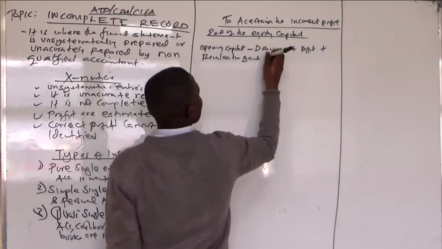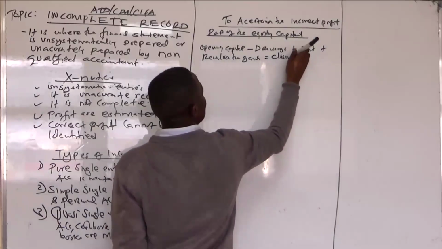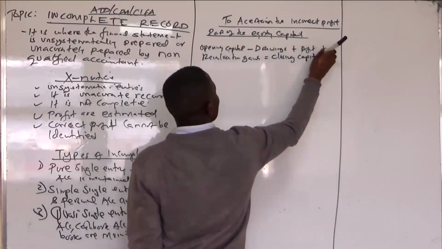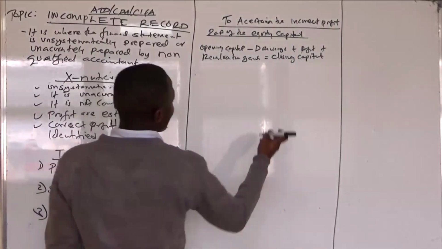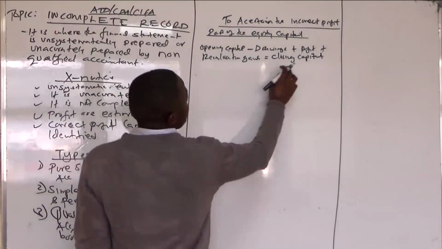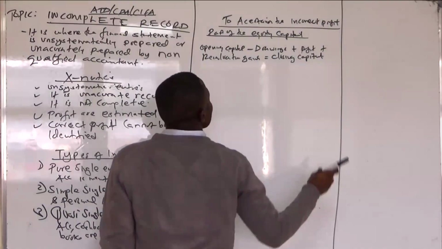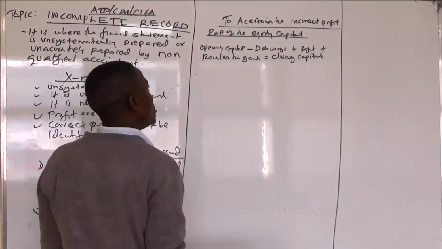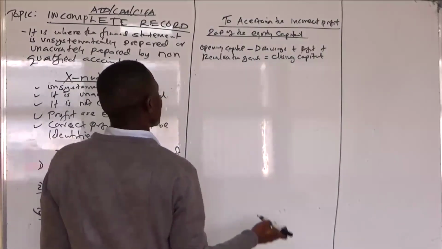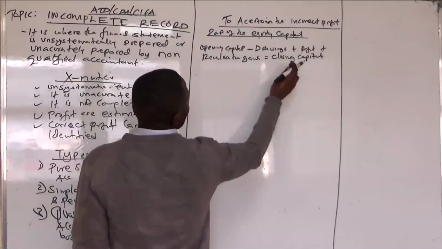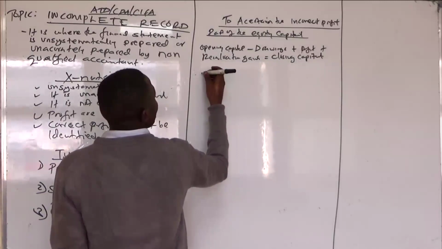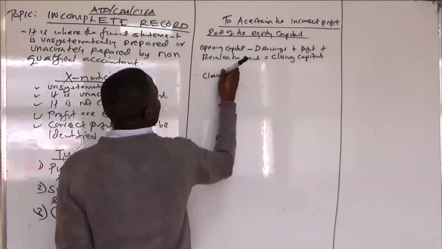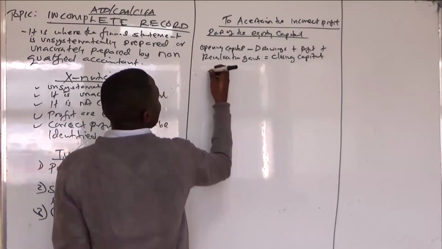Then we get closing capital. So to assume we have the closing capital, to get profit, we make this one the subject of the formula. So, for example, here we have closing capital, so it will be closing capital, suppose we want profit.